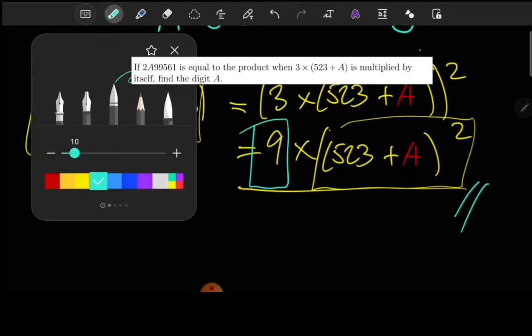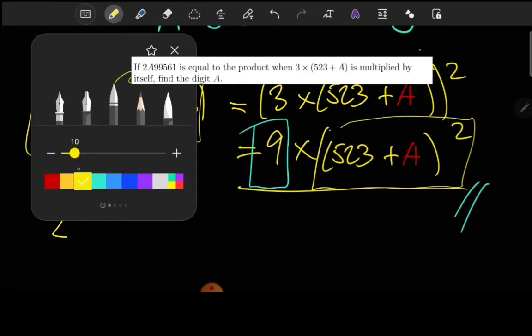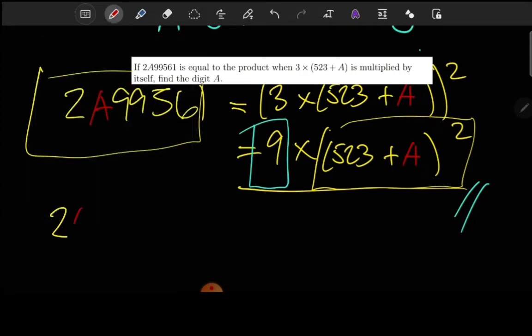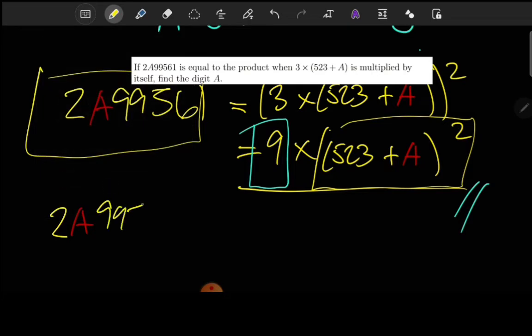So this is the turnaround of this problem right now. It becomes 2a99561 modulo 9.